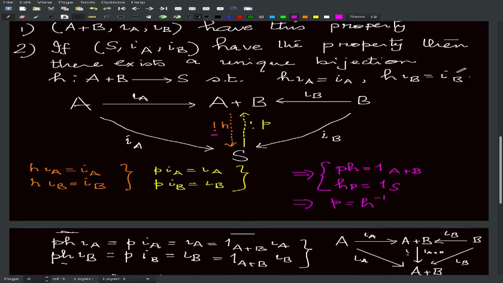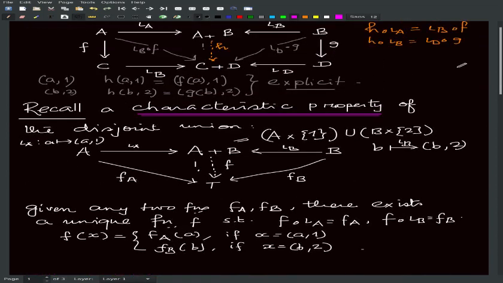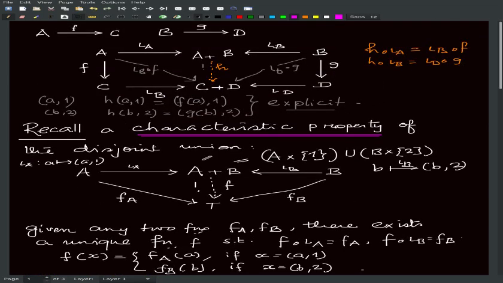So you see again over here, although I constructed this A plus B quite explicitly, as well as these maps, this is something which tells us another way of thinking of A plus B. But the only problem is that we cannot think of A plus B in isolation.